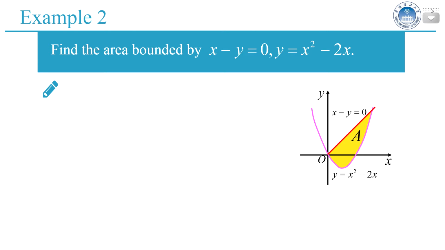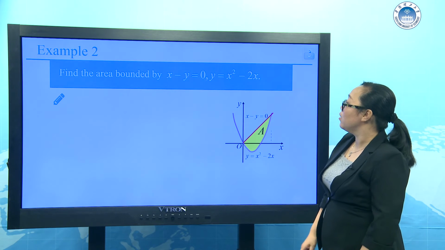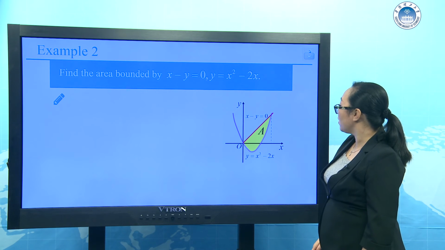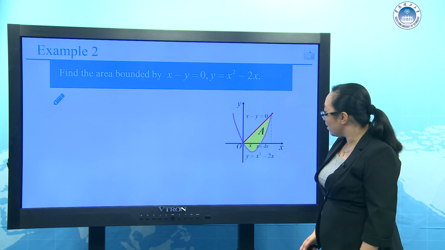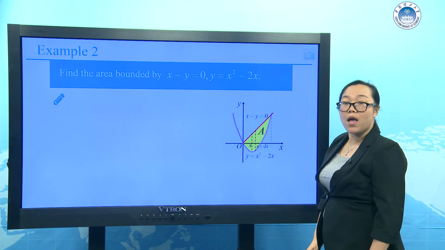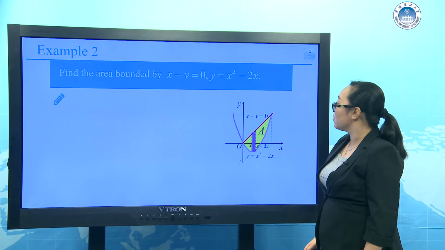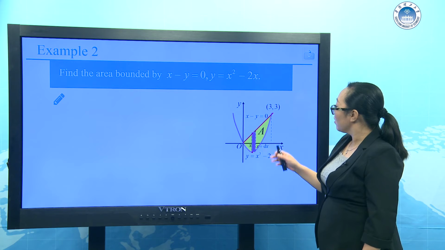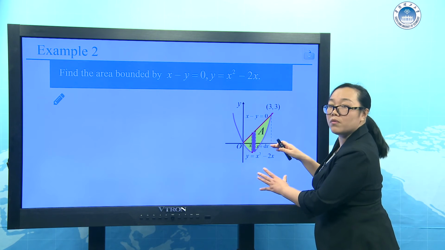How to find the area of the region? Okay, so now we try to find the corresponding intersection points. If this is our x, this point is x plus dx. We can get the corresponding area element.